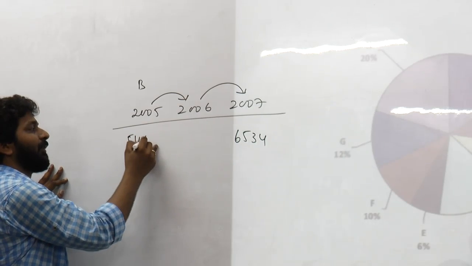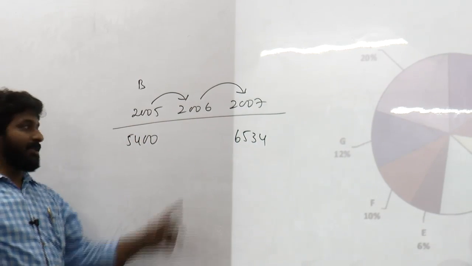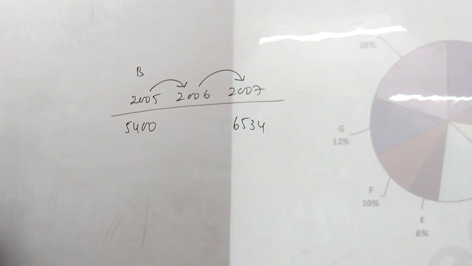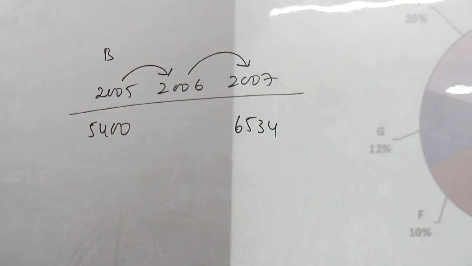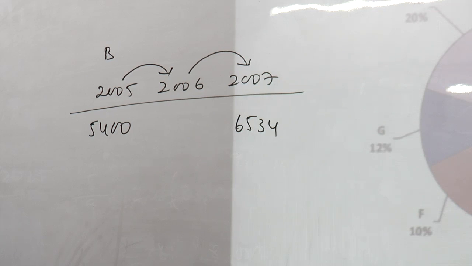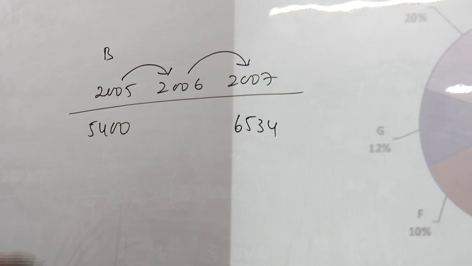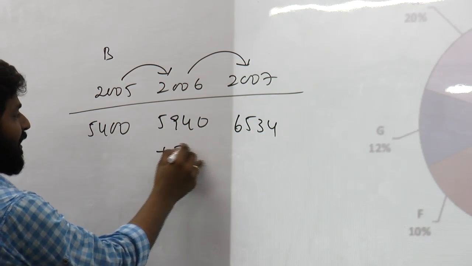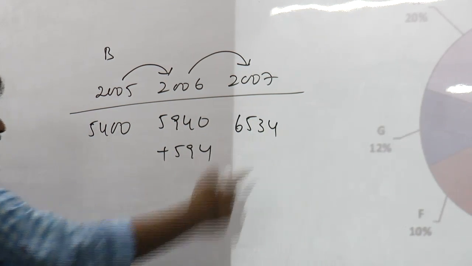How much increase we have here? This is your question. 1134. Near about 10% only. If it increases by 10%, 540, 5940. Do we have that? Yes, 5940. Plus 594. Satisfied?